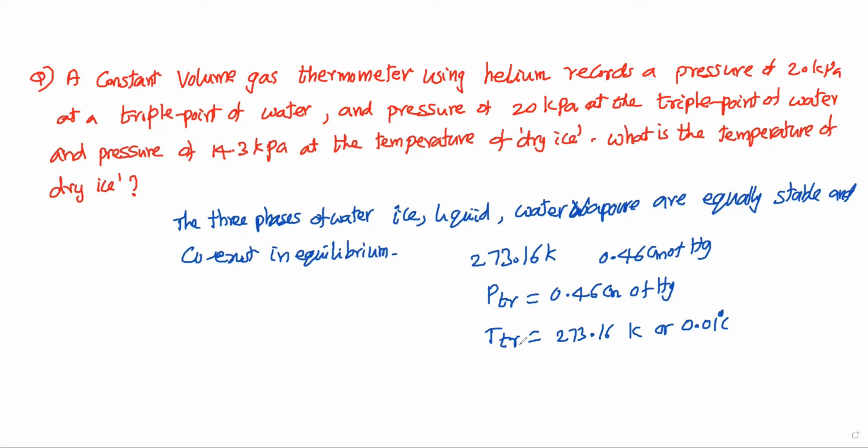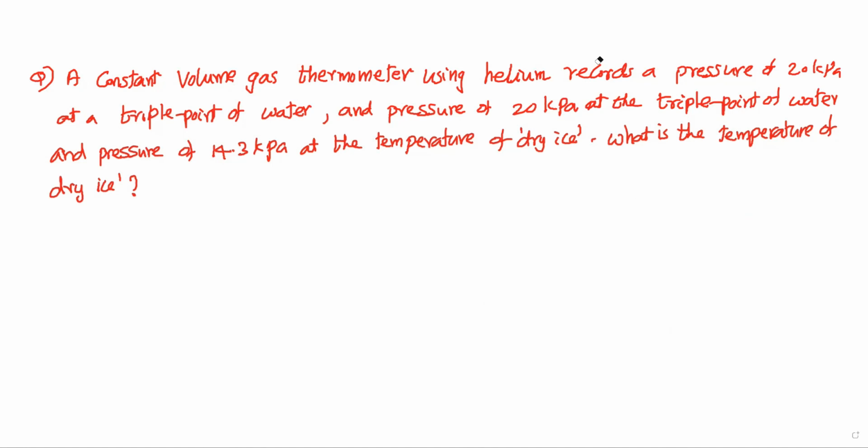Hope you understood what the triple point is. The three phases of water, whether solid, liquid or water vapor, are equally stable and coexist. So at 273.16 Kelvin, all are in the same stable state. The pressure of the triple point is 0.46 centimeters of Hg.